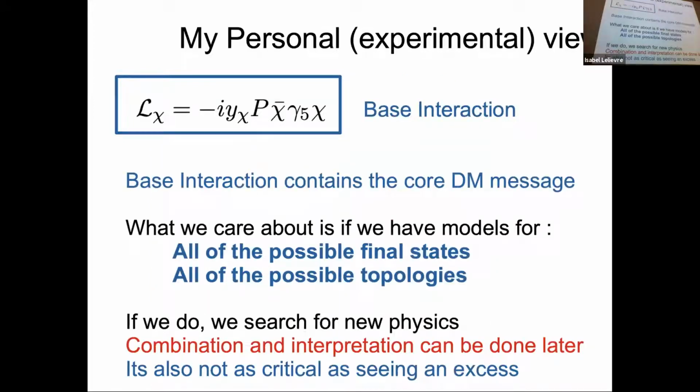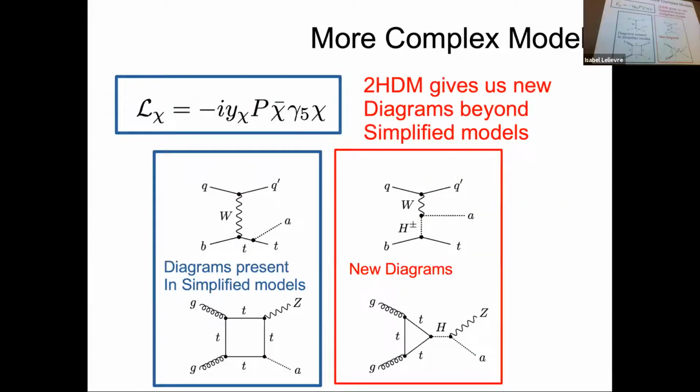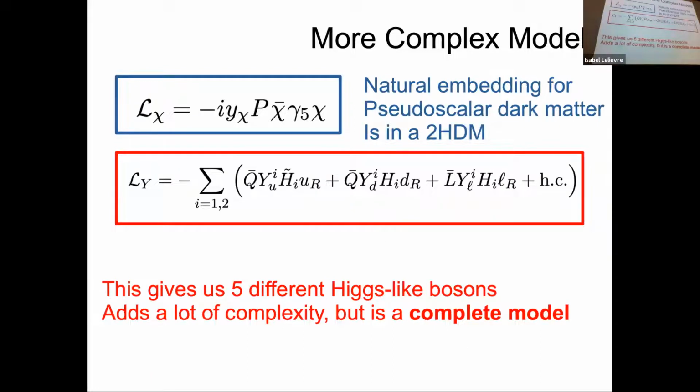All right, question. This 2HDM, isn't that already excluded? I thought that when measuring the rho parameter, it should be 1, but this gives you 1/2. No, the 2HDM is not excluded.